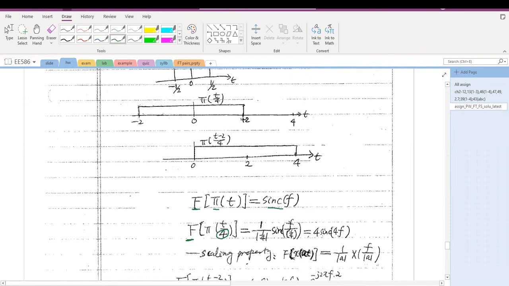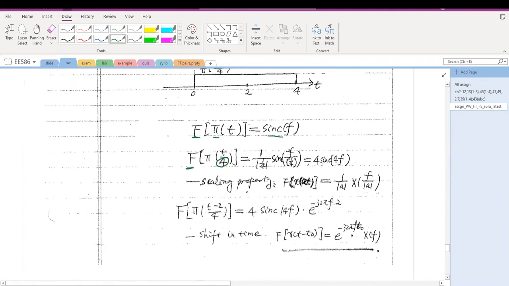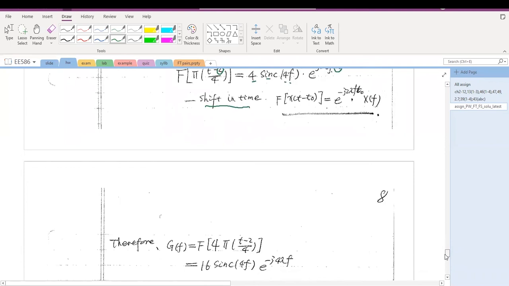This is the scaling property. And then we shift it by 2. This is 4 sinc 4f multiplied by e to the power 2 pi f. You shift it by 2. Shifting in time is the shifting property.